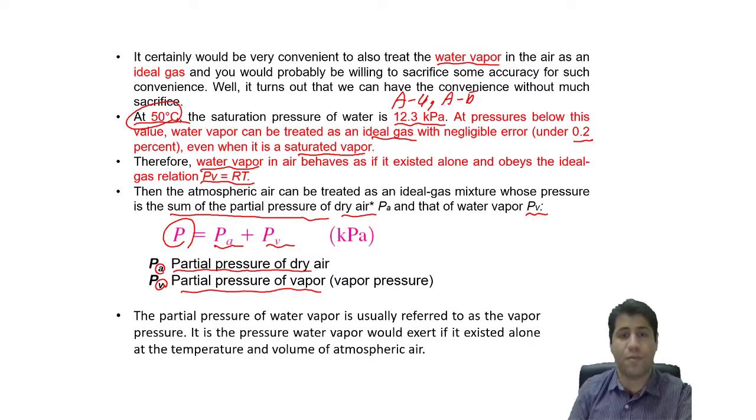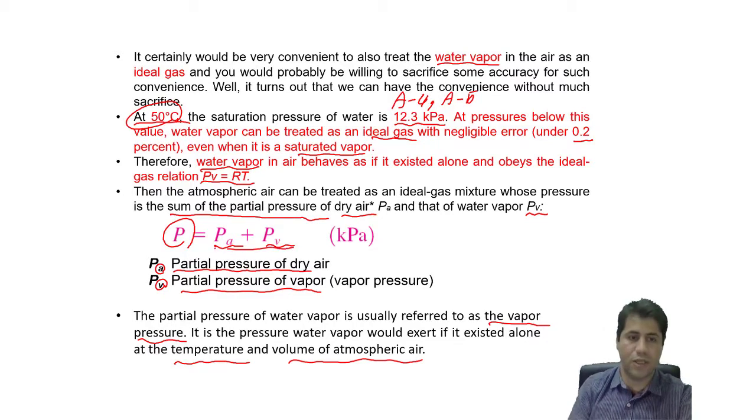The definition for the partial pressure of the vapor, which is also usually called the vapor pressure, is the pressure water vapor would exert if it existed alone at the temperature and volume of the atmospheric air. This is important.